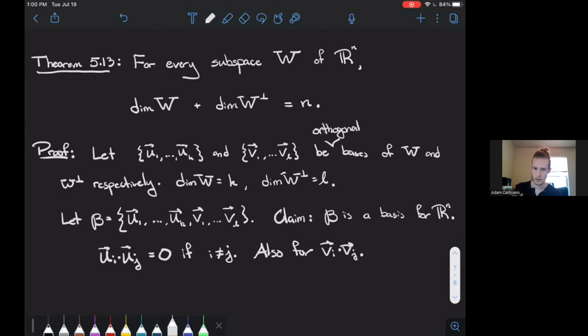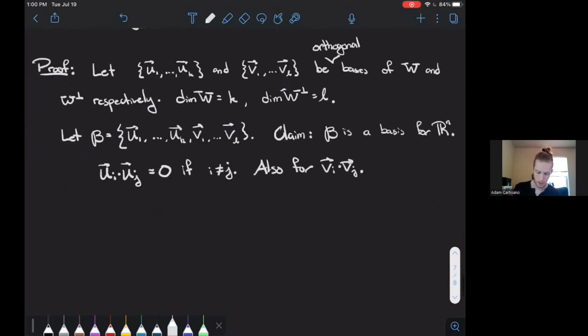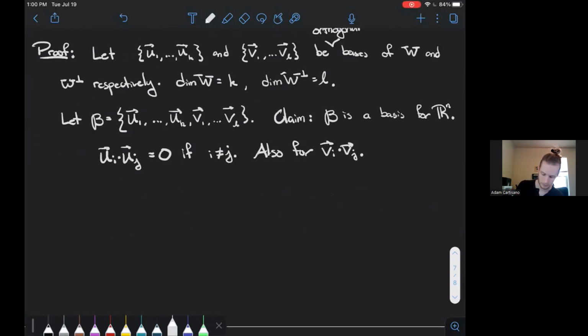So, as long as you're taking the dot product of Ui and Uj, or Vi and Vj, you get 0. But also, Ui dot Vj. Why is that true?